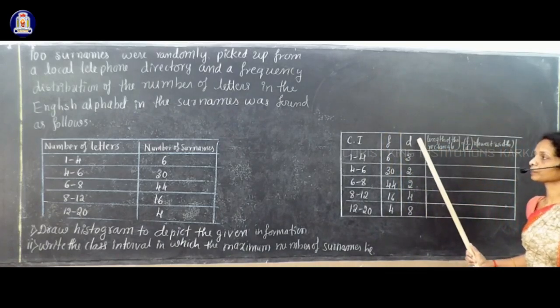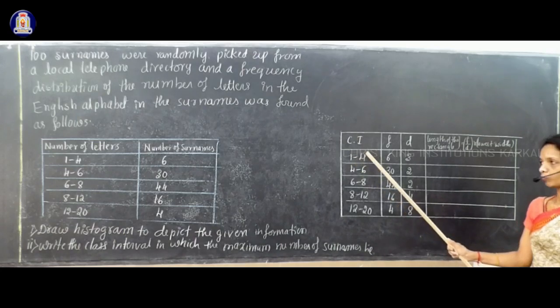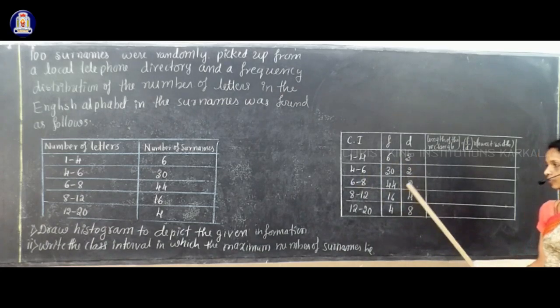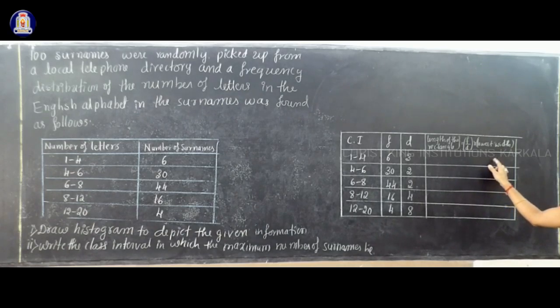The D column is the length of the class interval, upper limit minus lower limit. 4 minus 1, that is 3. 6 minus 4, that is 2. 8 minus 6, that is 2. Next, 12 minus 8, that is 4. 20 minus 12, that is 8.